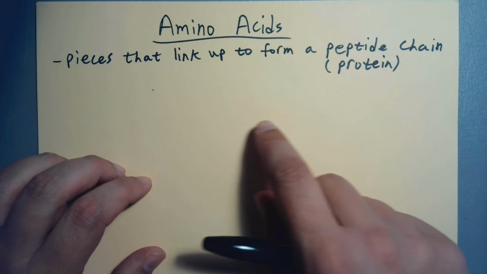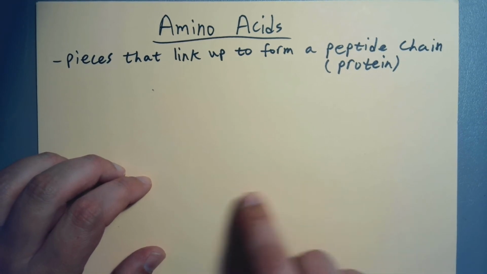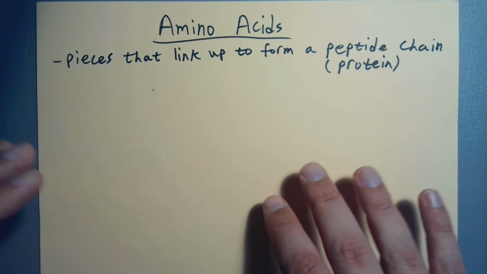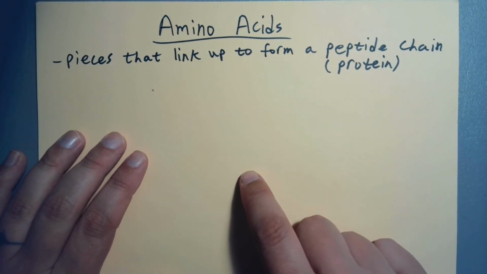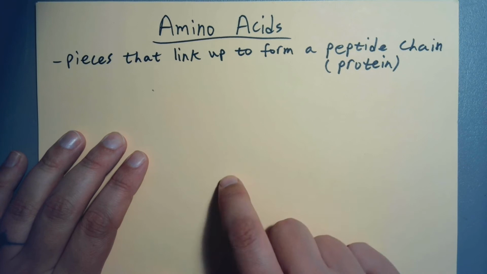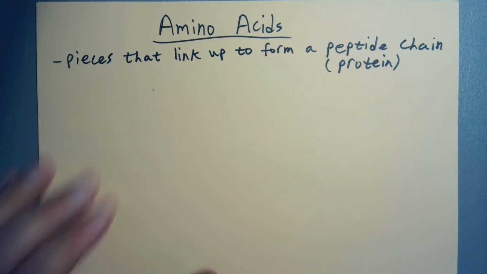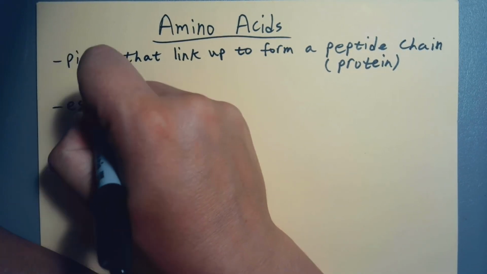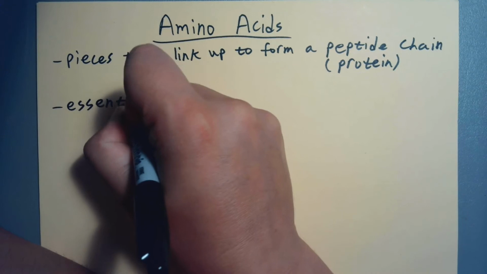Now we have the ability, if we're deficient in an amino acid, if we need more, we can produce it, with a few exceptions. We're not going to worry about which ones are which, but if we can't produce it ourselves, then we have to get it from our diet. And so those are what essential amino acids are. I think that's covered more in like a nutrition class or something like that, so I'm not going to worry about it too much.